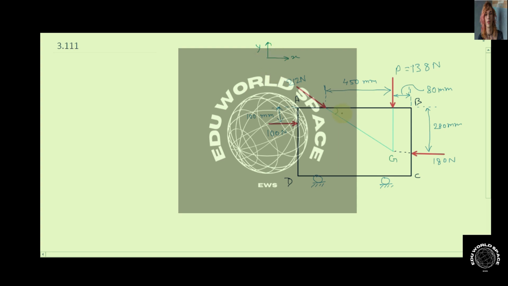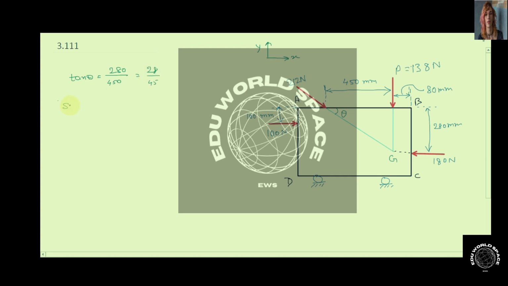First of all, let us consider that this angle is theta. We can get the value of theta from this diagram: tan theta will be the vertical distance over the horizontal distance. This distance is given as 280 mm and this distance is given as 450 mm. So this will be 280 divided by 450, which is 28 divided by 45.